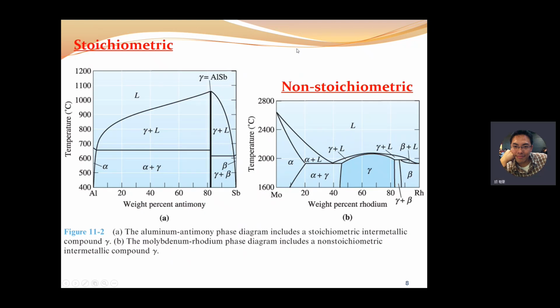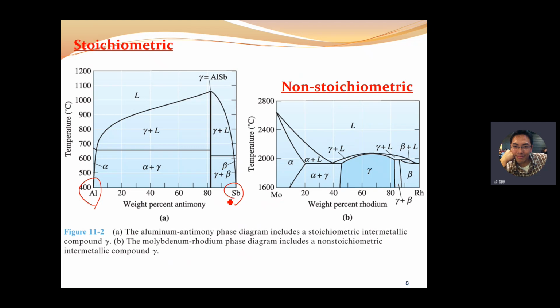Let's look at these binary phase diagrams. Binary means two components. On the left side is aluminum and antimony.